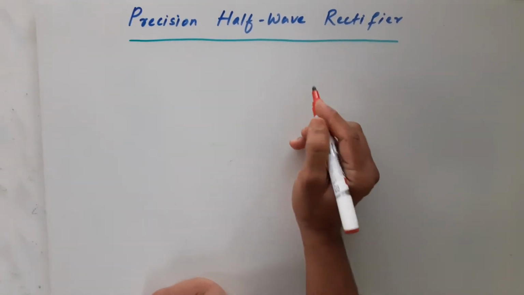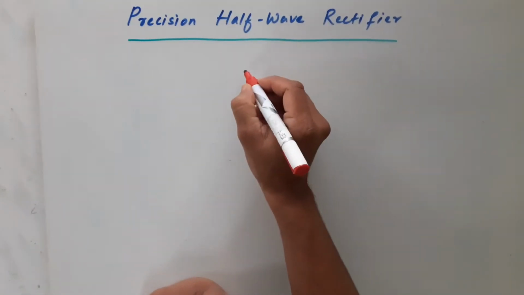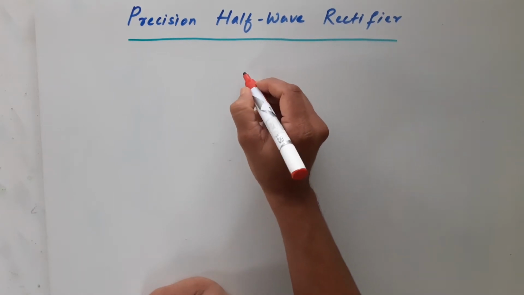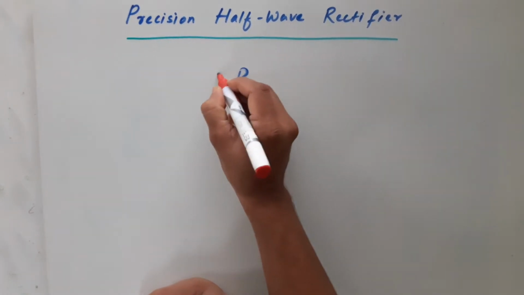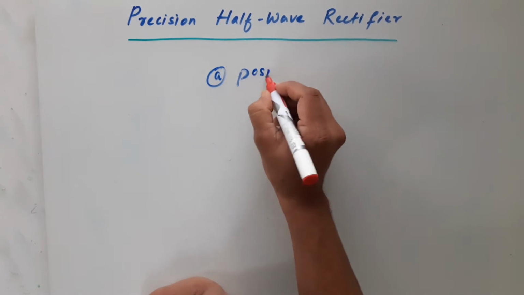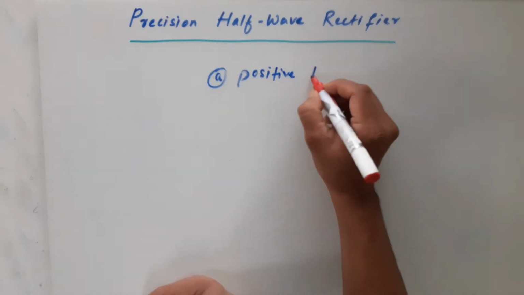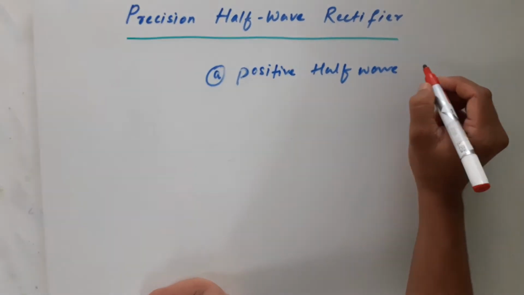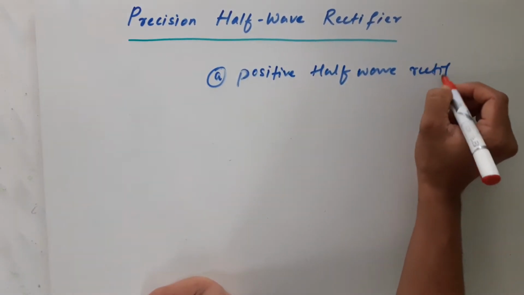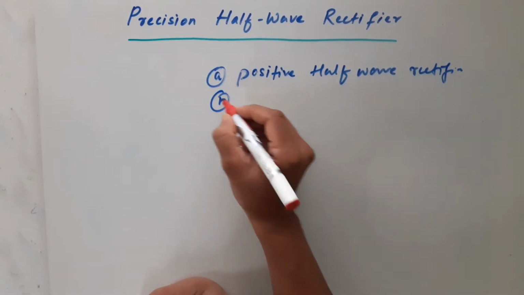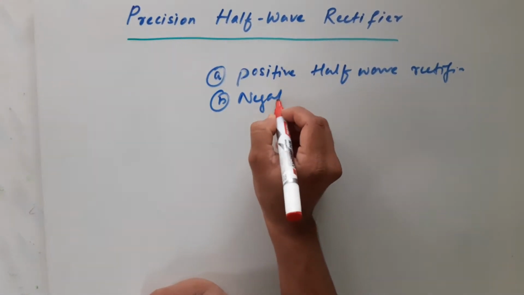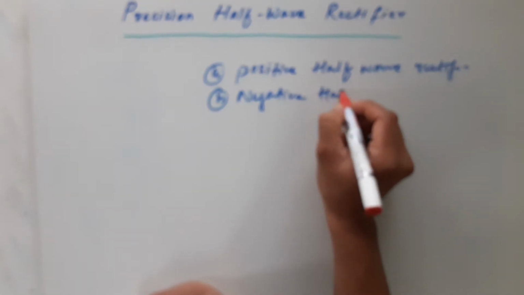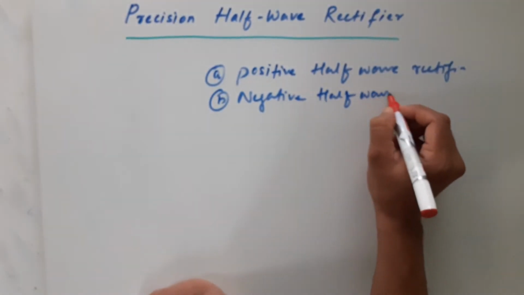Under this precision half wave rectifier I can subdivide this into positive half wave rectifier and negative precision half wave rectifier.